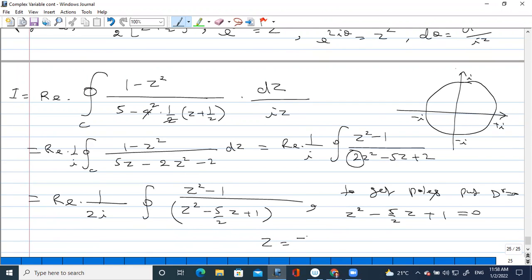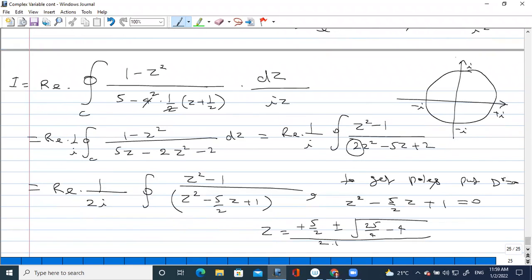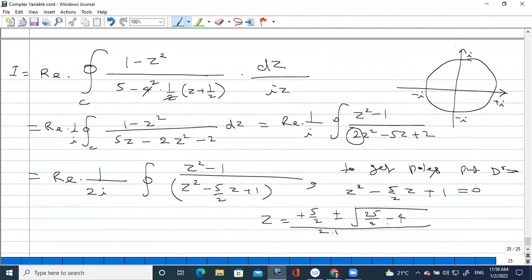So z will be minus b, minus minus will become plus, plus minus under root b square minus 4ac, meaning 25 by 4 minus 4, and divide by 2a. a is 1. We can simplify it more.